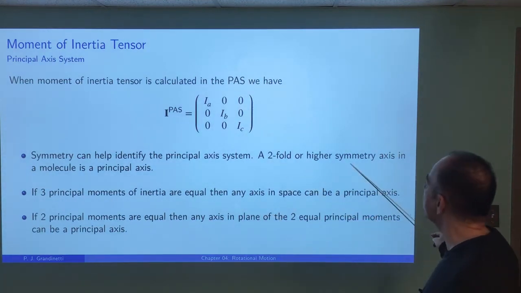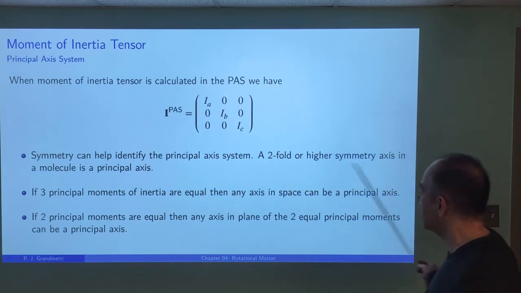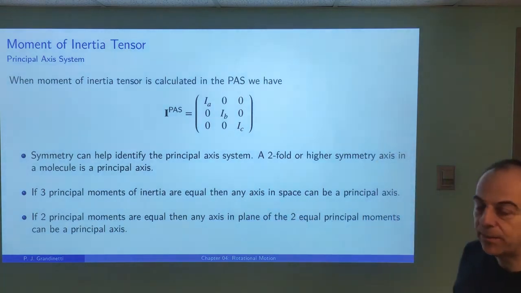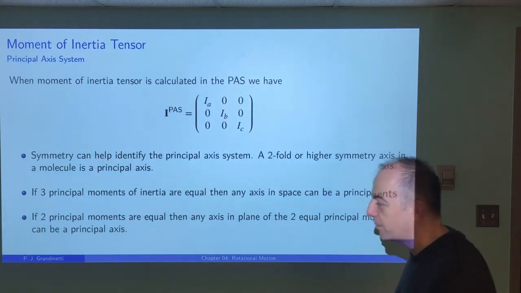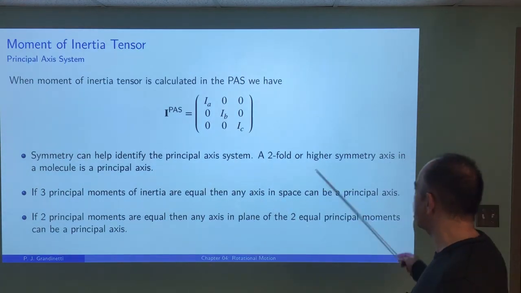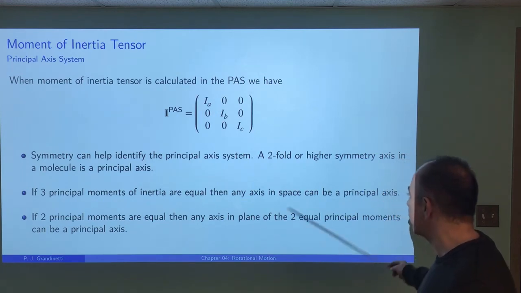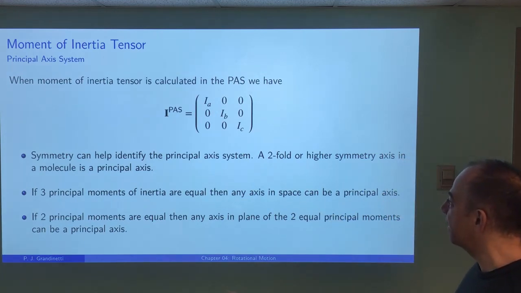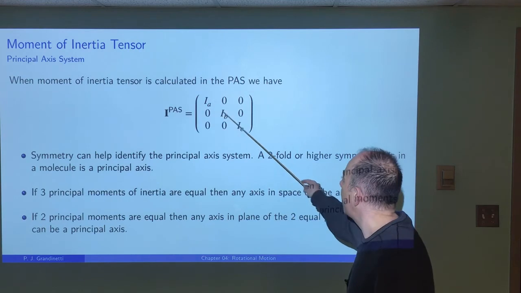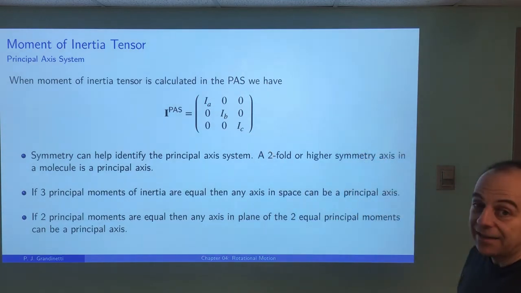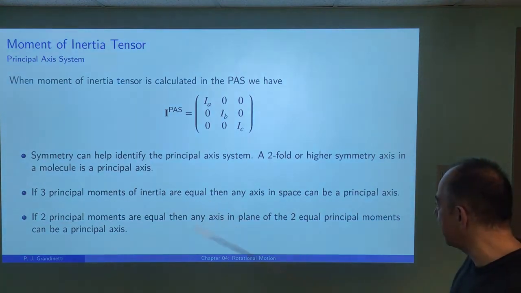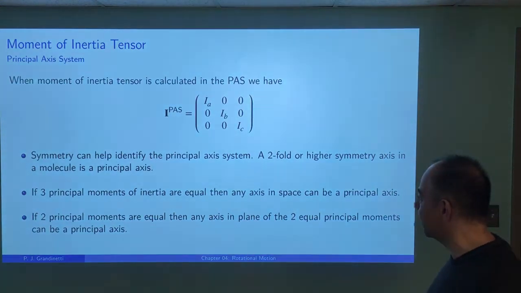So for example, if you see a 2-fold or higher symmetry axis, then that's definitely going to be a principal axis of the body. Whether we're talking about molecules or a macroscopic body, it's the same. Also, if the 3 principal components of the moment of inertia tensor are equal, then any orientation in space can serve as a principal axis system.